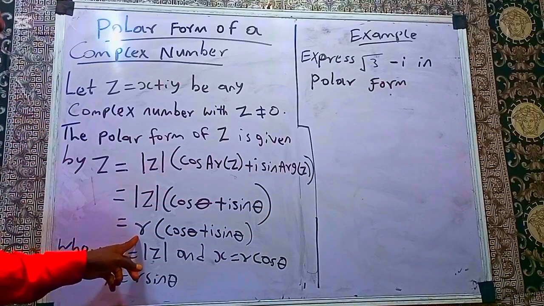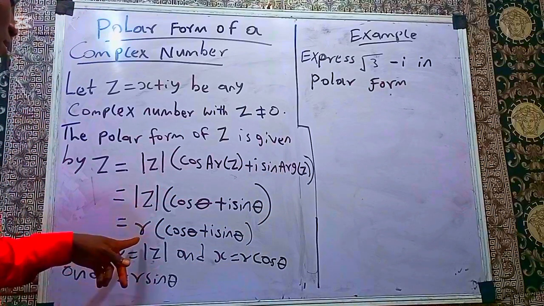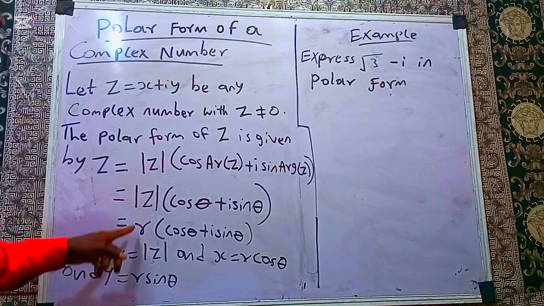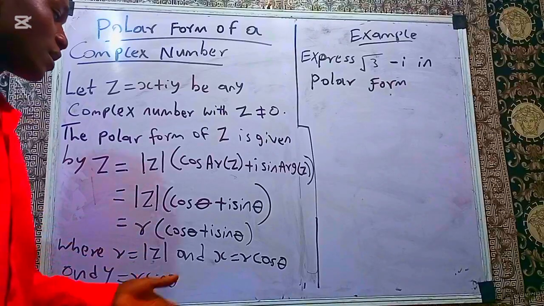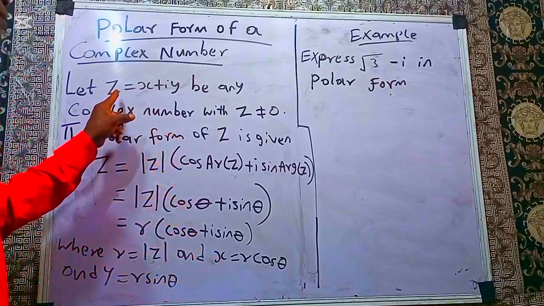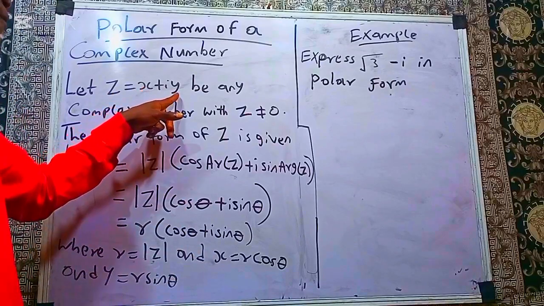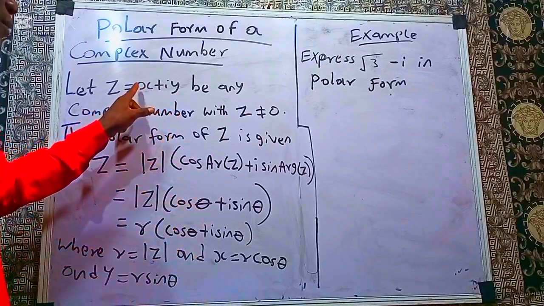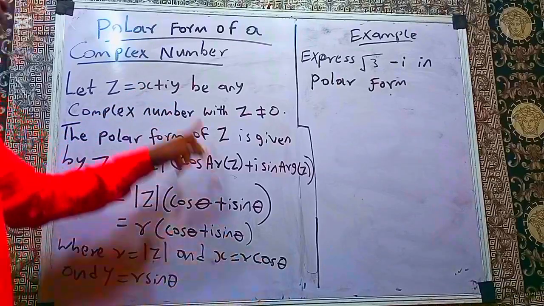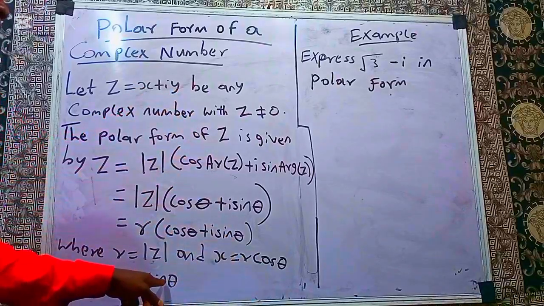Now I use r here to shorten it, so I replace the modulus of z with r. So r is the same as modulus of z. Then remember our complex number is x plus iy. Now this x in polar form is r cos theta, then y is r sin theta.